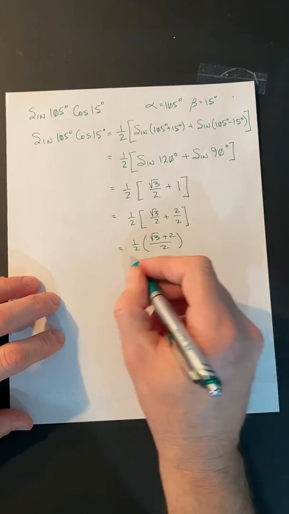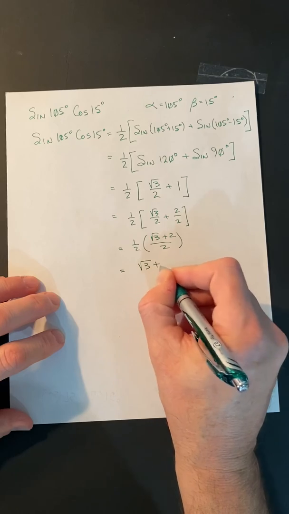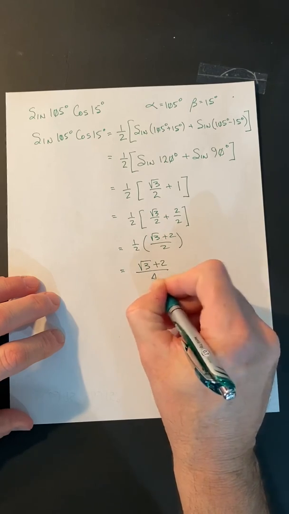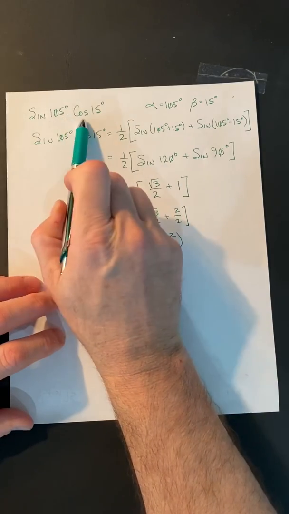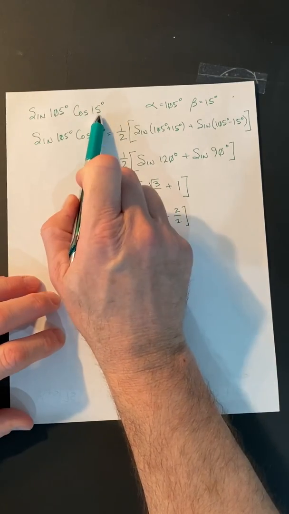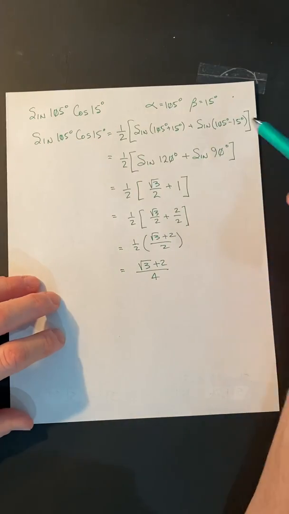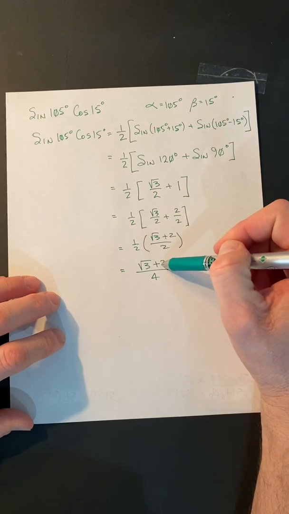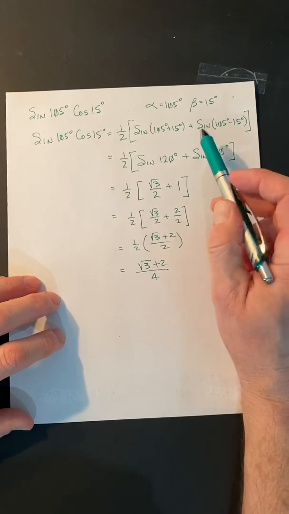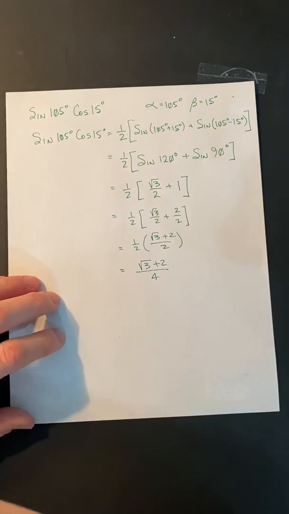And then I distribute my 1/2 to get radical 3 plus 2 all over 4. So I'm able to take the product of two different trig functions with two different angle measurements that aren't on the unit circle and convert them into something up here that I can now relate with this product to sum formula to actually get a value, okay?